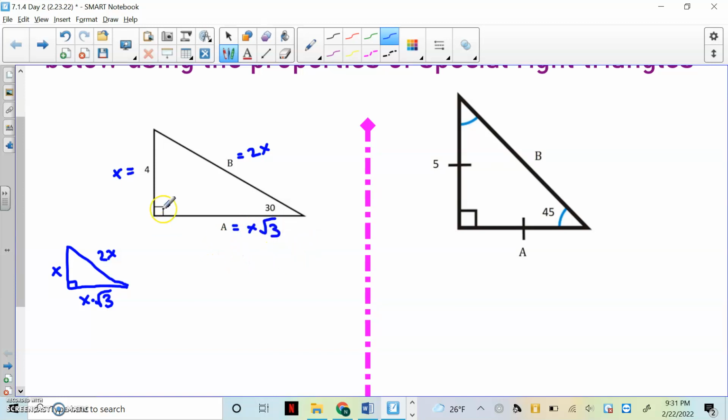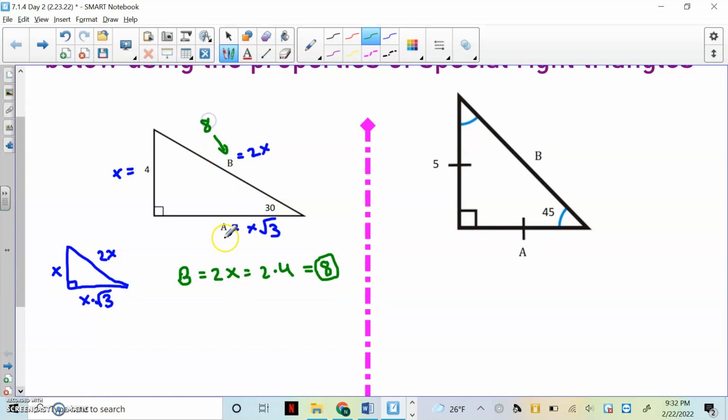Okay, so now that we know that 4 is x, we can find b by doing 2 times it. So b equals 2 times x, which in our case is going to be 2 times 4. So it's going to be 8.